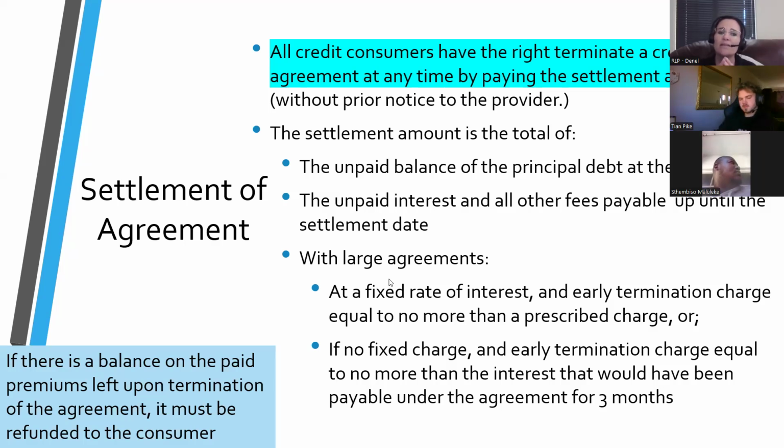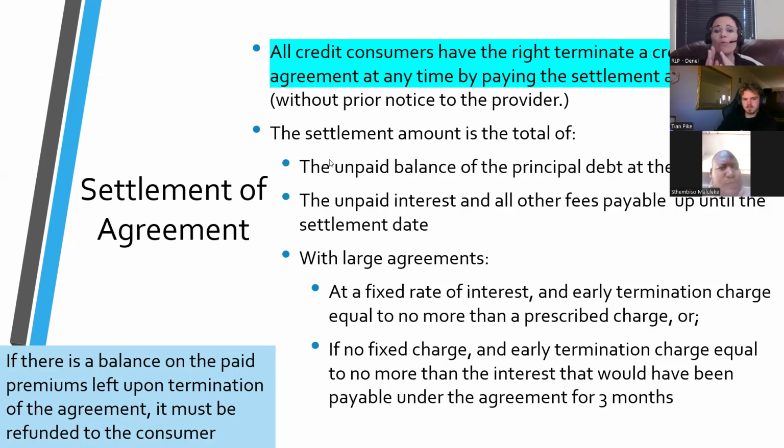So what they do is they simply calculate a settlement amount. And the settlement amount is the total of the unpaid balance of the principal debt at that time, the unpaid interest and all other fees up until the settlement date.